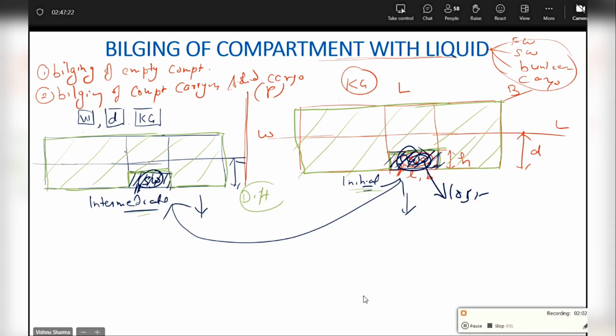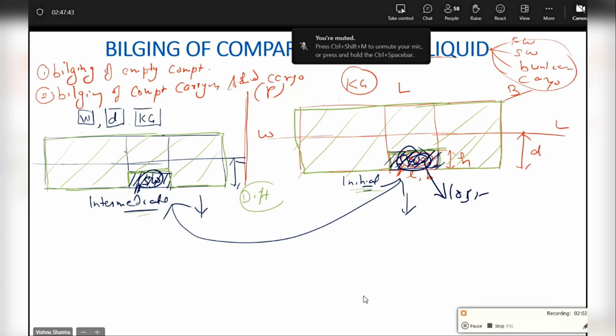Then I forget the initial condition, and I bilge the intermediate condition, which is empty, and you already know how to bilge an empty compartment, right? And whatever will be the stability of that ship will be the stability of the vessel with liquid having got bilged. Yes or no?